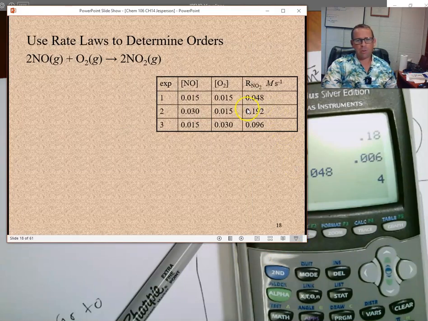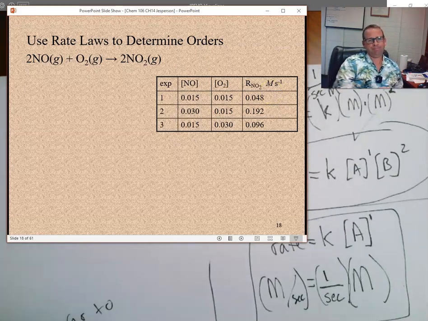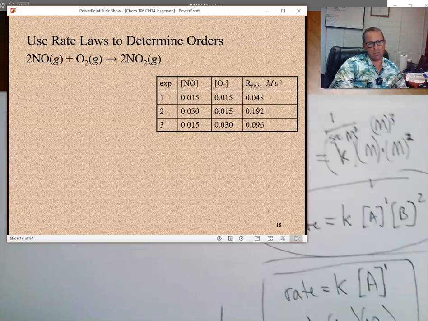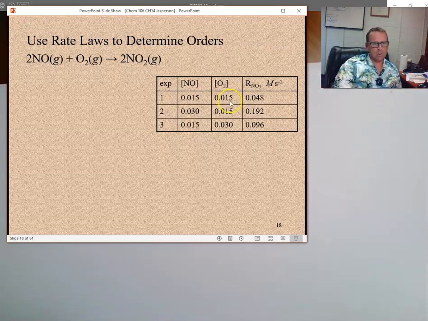So we doubled the concentration of NO, and we increased the rate 4 times. All right? So, help me out a little bit more, Alyssa. What do we know so far about what the rate law for this reaction is going to look like?